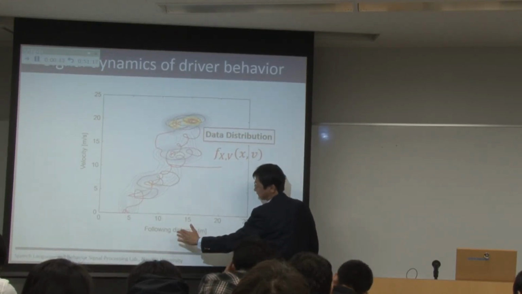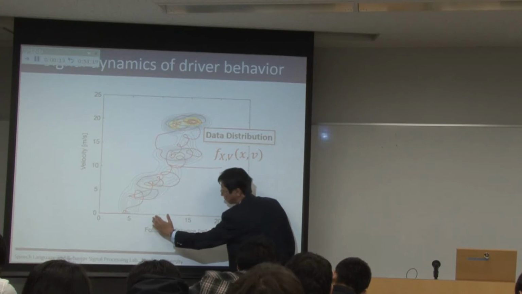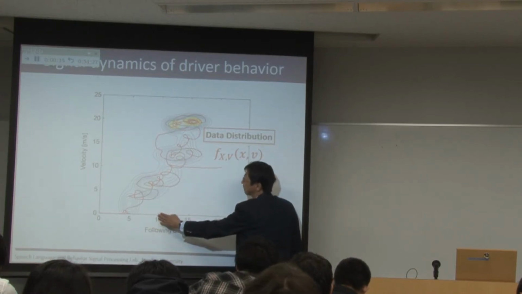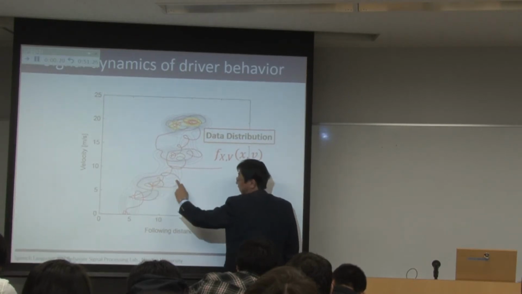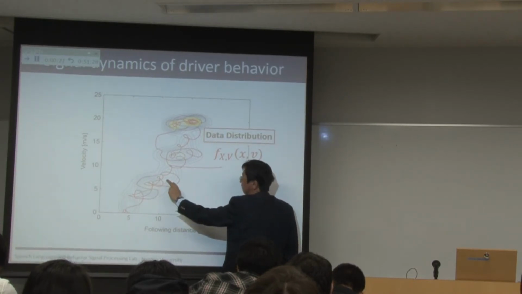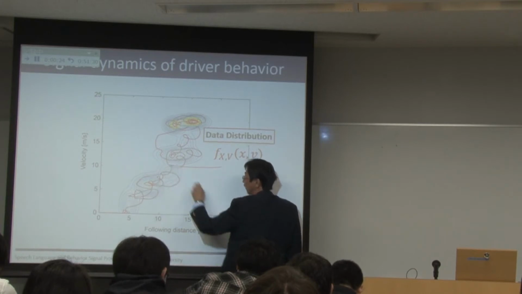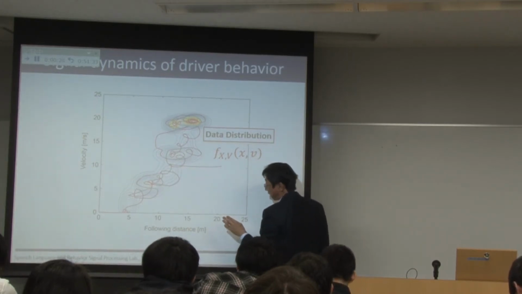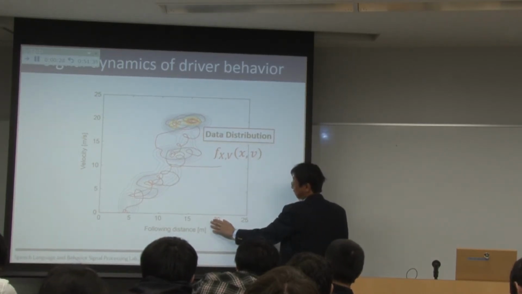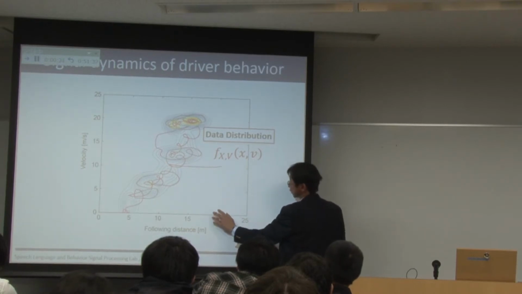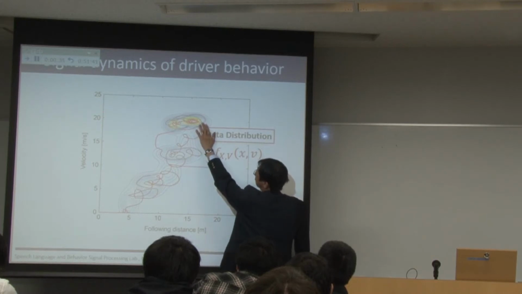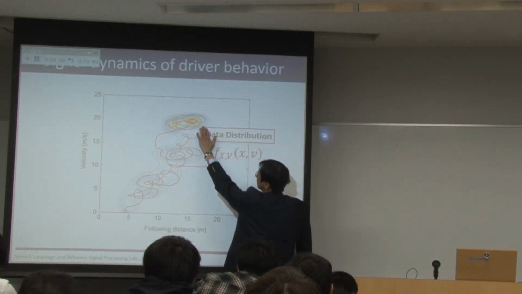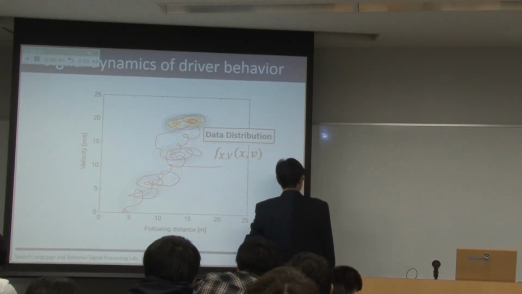If you know that the following distance is, for example, 10 meters, then the average of the velocity becomes around this area, maybe 7 meters per second or more. But if you know that the distance is 20 meters, then the expected distribution of the velocity has a mean value of 20 meters per second or something.